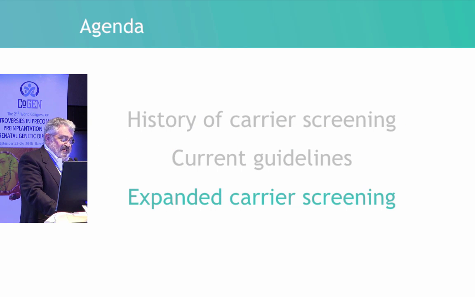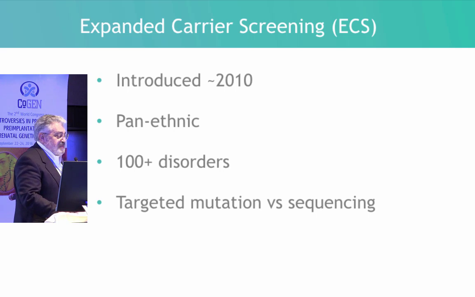Okay, expanded carrier screening. It was introduced about 2010, and the principle was that we would do pan-ethnic screening of a large number of disorders. And the first panel was about 100 plus disorders, and initially started out with targeted mutation, but has moved towards full exome sequencing.